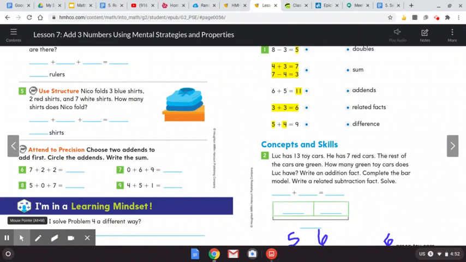Number 8, 5 plus 0 plus 7. Which 2 are you going to add first? And number 9, 4 plus 5 plus 1. Which 2 are you going to add first? Please make sure that you write the sum on the blue lines for your answers of your equations.